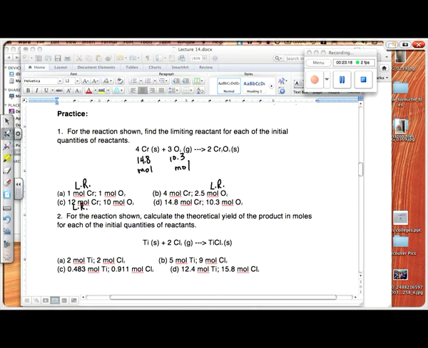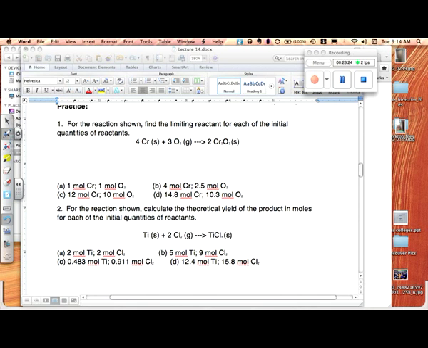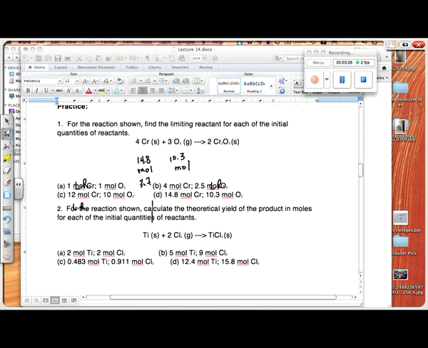I hate to write it down because I won't use it. That's why I don't like writing it down. So 3.7. And 10.3 divided by 3 is 3.4. So this is my limiting reactant, this one.